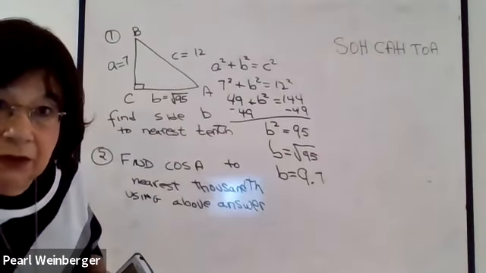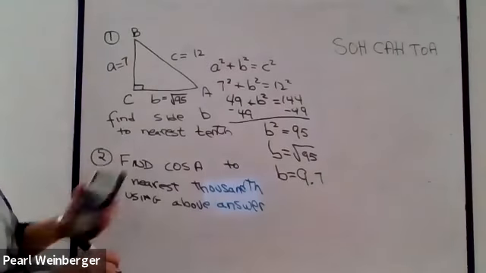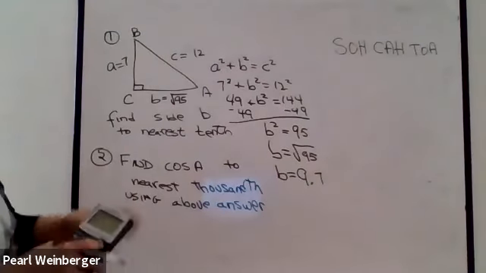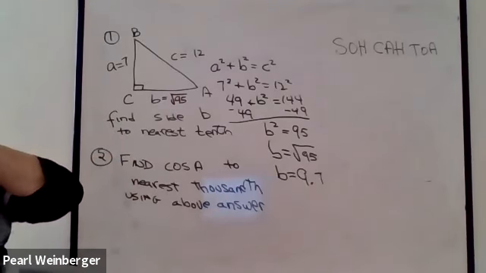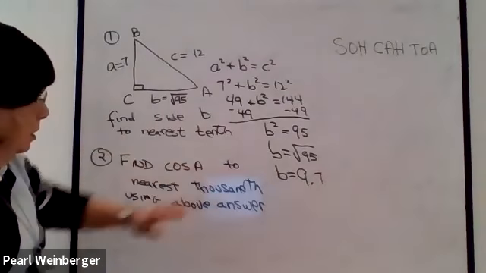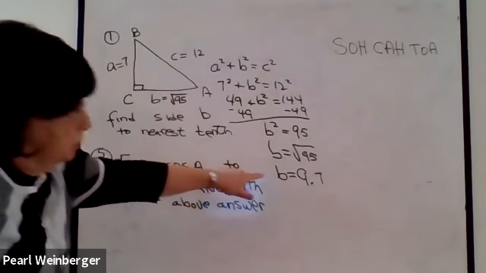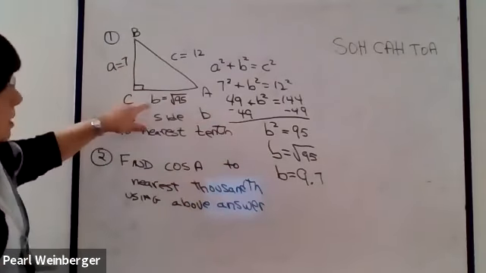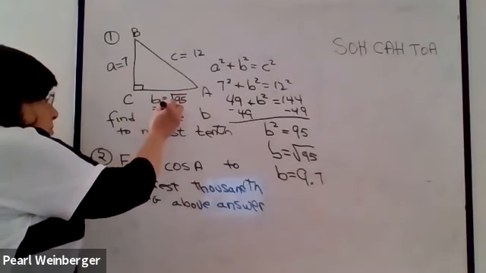Okay, so let's now see if we can figure out part B. Part B said find cosine A to the nearest thousandth using the above answer. So we want to use this answer, 9.7.